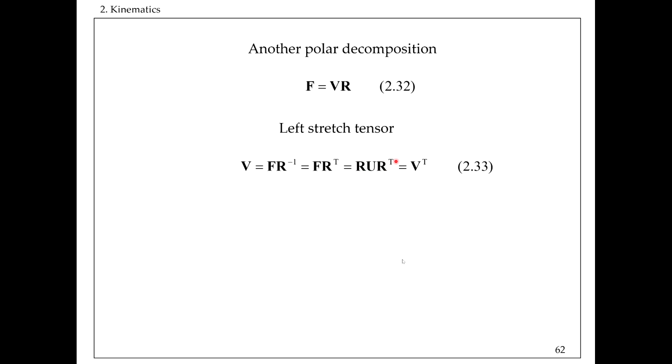And by looking at this structure, you can see that V is nothing but a rotation, because that's how you rotate a second order tensor: by multiplying with the rotation tensor R and R transpose from left and right. So V is the result of the rotation of the right stretch tensor, and it is also symmetric, right?